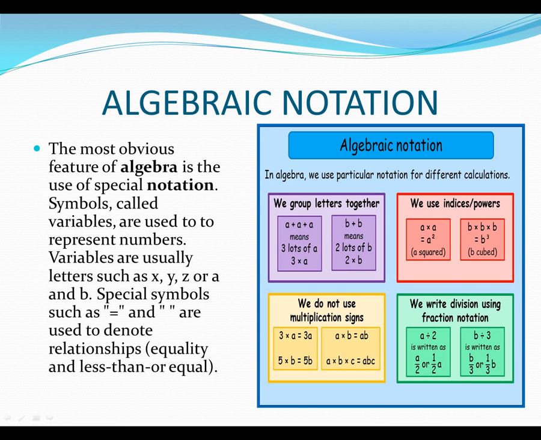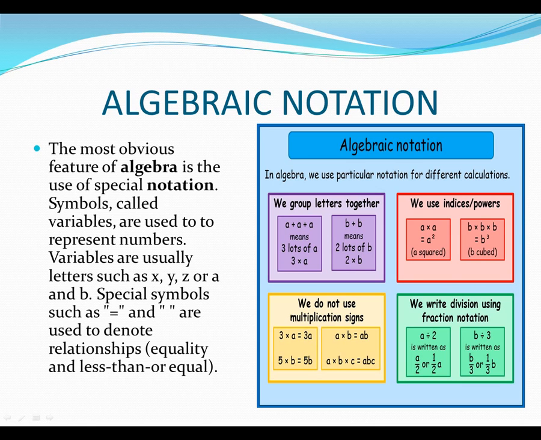So variables are usually letters such as x, y, z or a and b, and some special symbols used in algebra such as the equal sign or less than or greater than signs. So in algebra we use particular notations for different calculations.